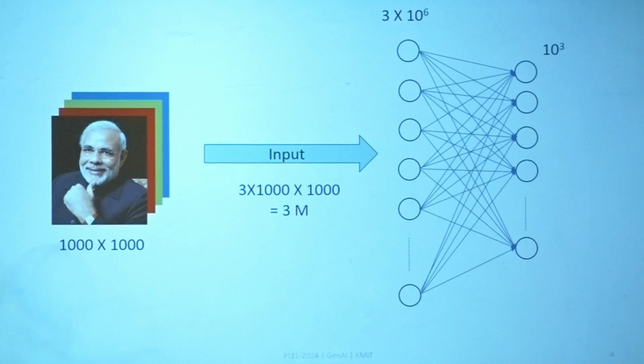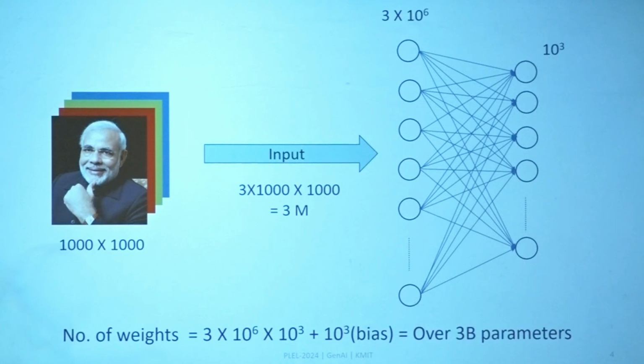Anybody? 3 into 10 power 6, that is 3 million, multiplied with the connections to the first hidden layer, 10 power 3, plus additional biases, 10 power 3. So a total of more than 3 billion parameters are needed if I want to handle this 1000 by 1000 color image using artificial neural networks.